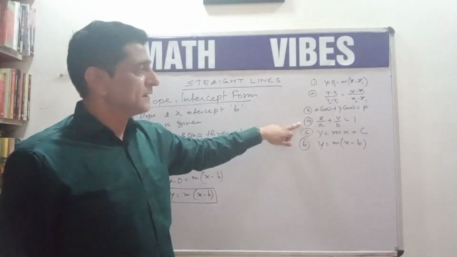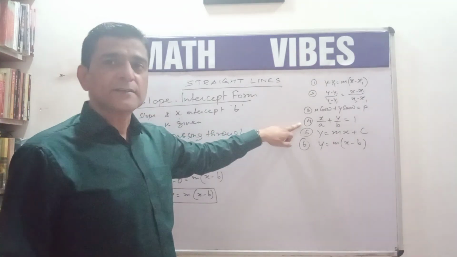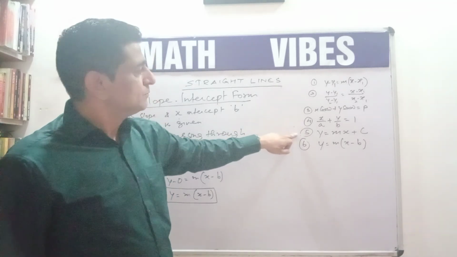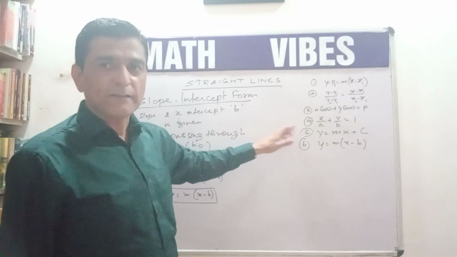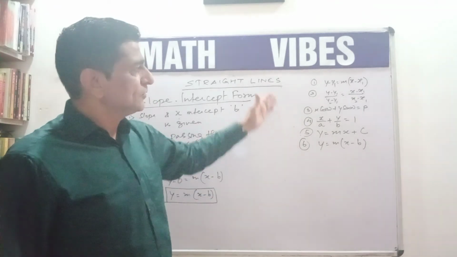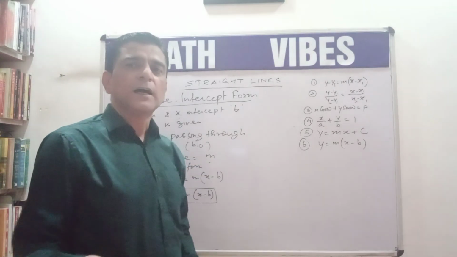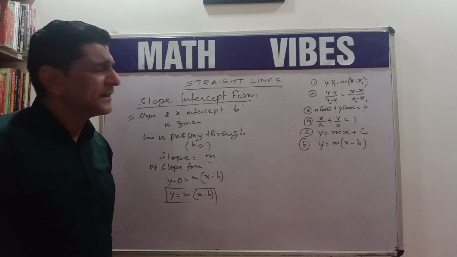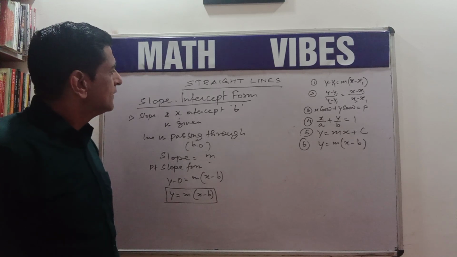Then we discussed intercept form when y-intercept and x-intercept are given. And then we discussed slope-intercept form, when slope and y-intercept, and slope and x-intercept are given. So these are the various forms of equation taught in straight lines. That is a chapter, I think chapter 10 in class 11.